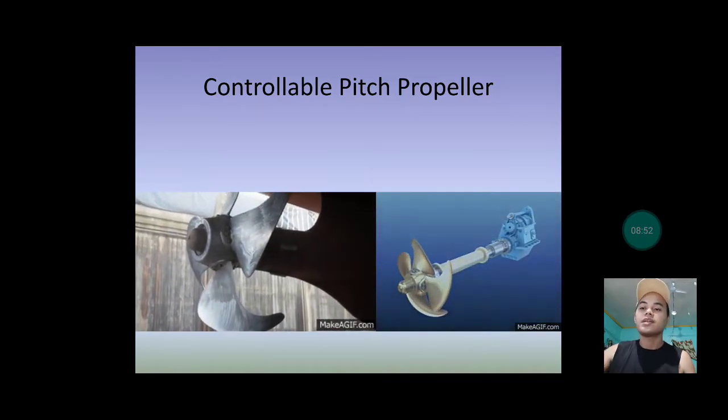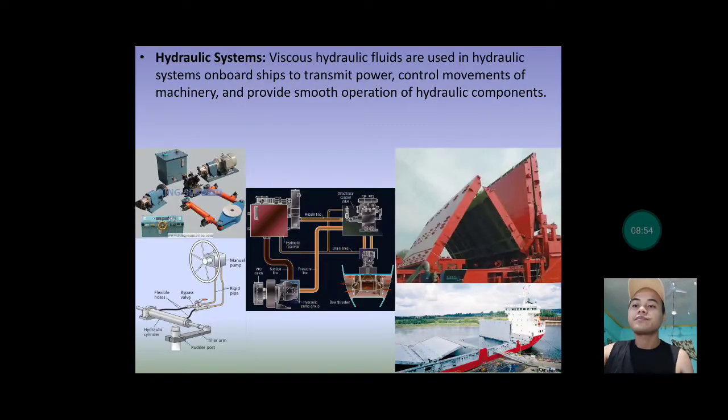Okay, next we have hydraulic systems on board. The viscosity of hydraulic fluids must be properly used. Proper viscosity must be used in order to have a smooth operation for our hydraulic components. First we have the steering wheel for the ship.